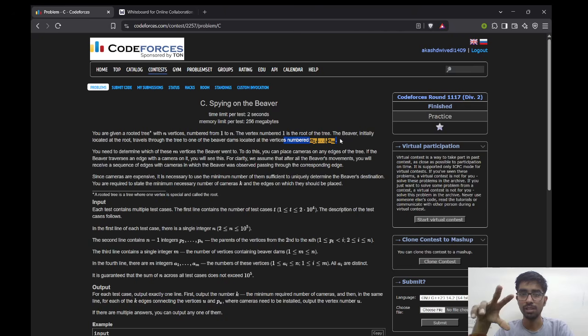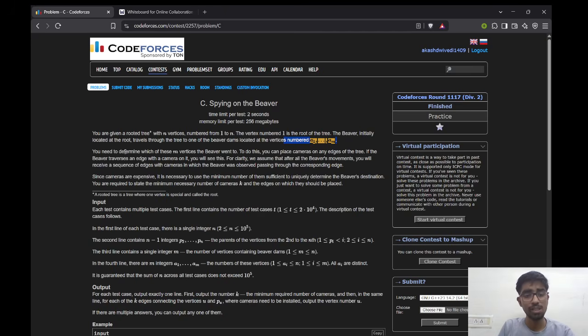We are given a rooted tree and in the rooted tree there is a player who needs to visit the m dams that are present in any node of that particular rooted tree which we are given.